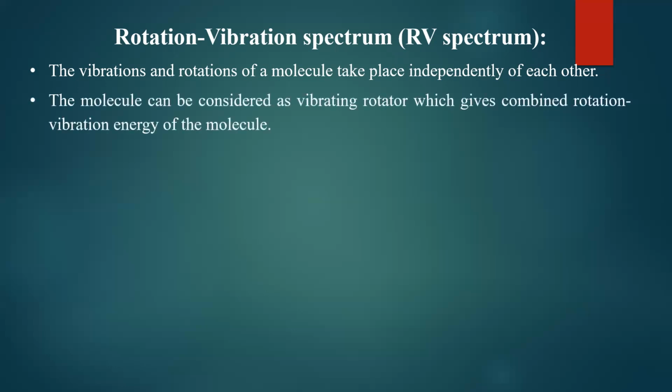The molecule can be considered as a vibrating rotator, which gives combined rotational and vibrational energy of the molecule. So we consider a molecule as a vibrating rotator. It is vibrating as well as rotating because of its continuous motion. Vibration gives rise to certain energy, and rotation of the molecule also gives rise to the rotational energy.